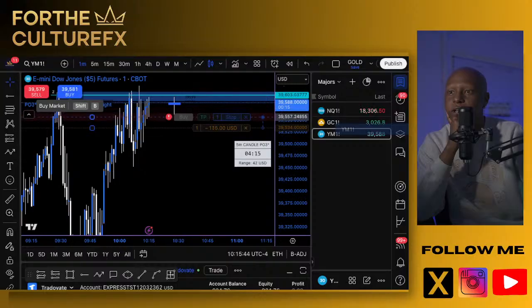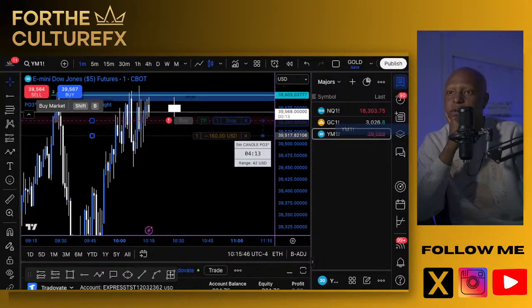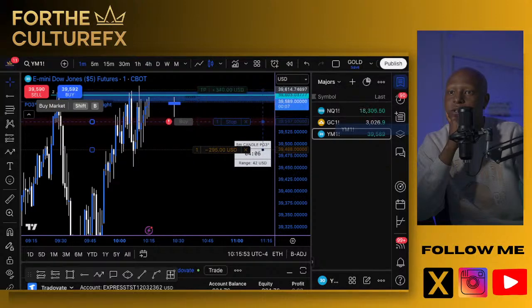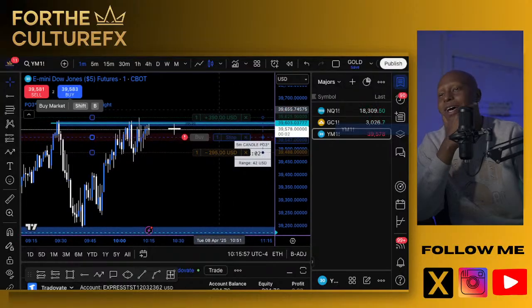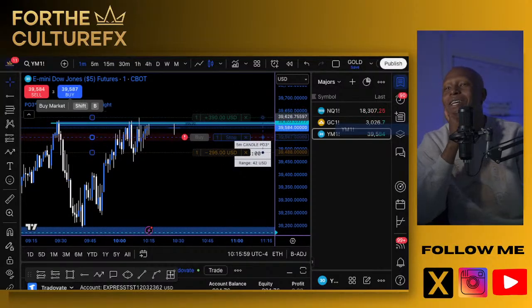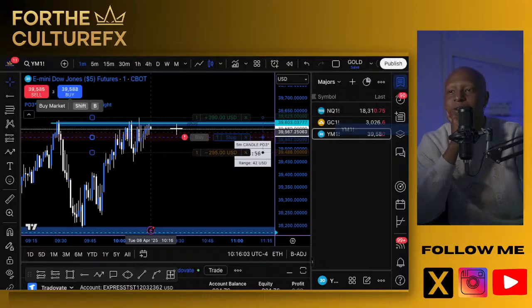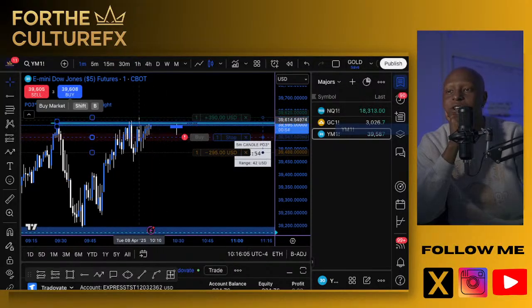Where did I get in at? Somewhere within here, with stops below, like here somewhere. Yeah, 1-1 for our first target is just not necessarily ideal. But as you can see, every candle has just closed bullish after. It's just very weak.